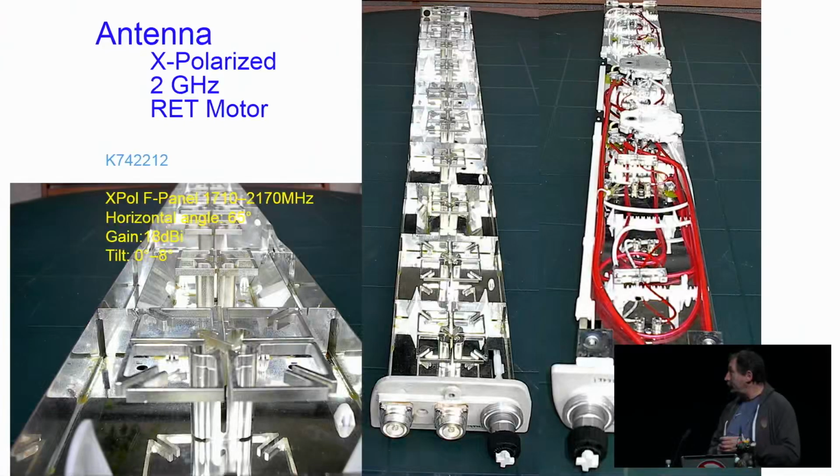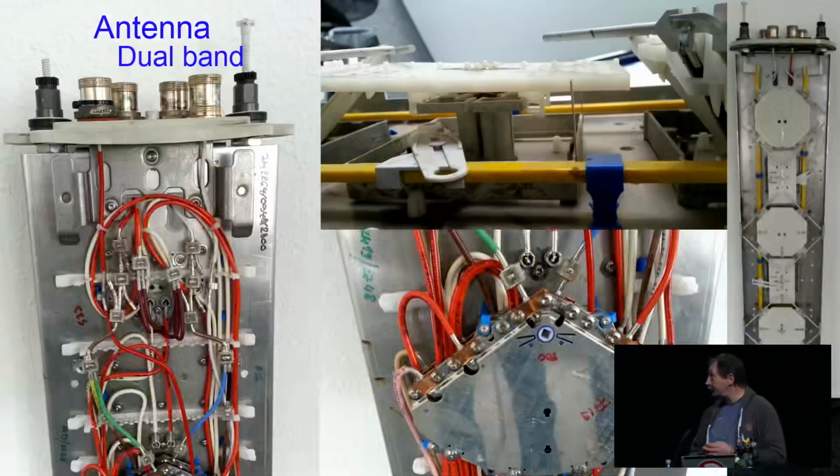If there's something on one polarization level, then you don't need to listen on the other one. And from the inside it looks like this. On the outside, you normally only see the case, and there's a lot of stuff in it, antenna elements and cables on the backside. And this is a multiband, a dual band antenna.